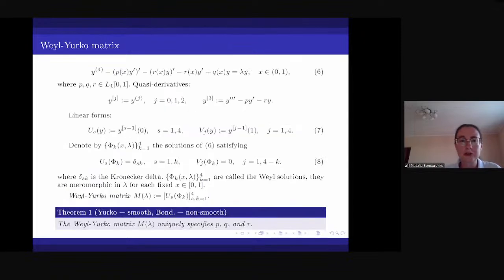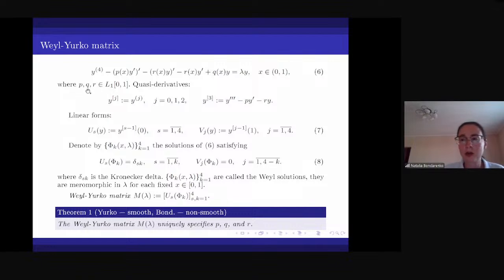So let me formulate some results. For simplicity, we will consider the fourth order, not the general order differential equation, but the fourth order equation of this form 6. Here, I also add first derivatives of y with some coefficients r, which also belongs to L1.